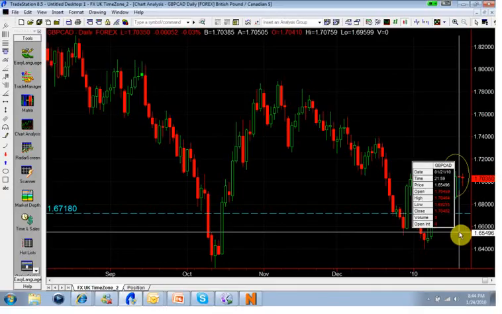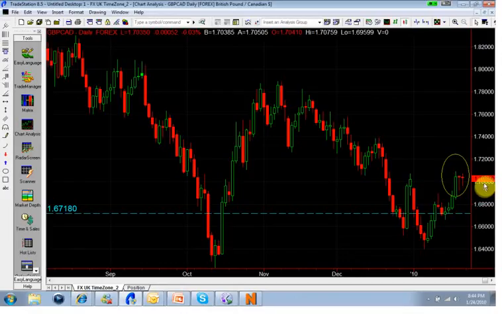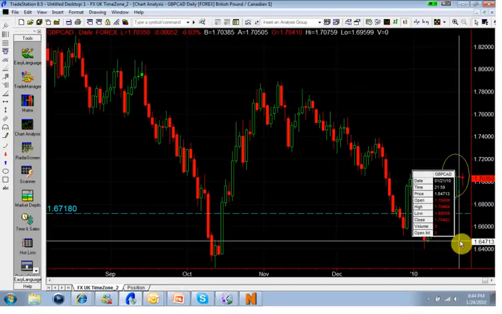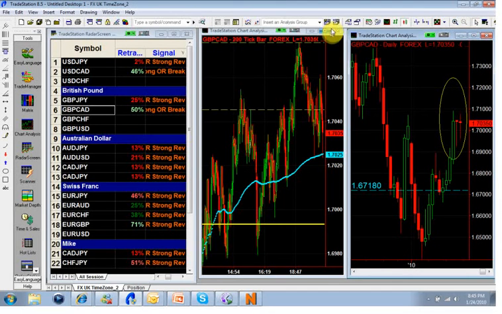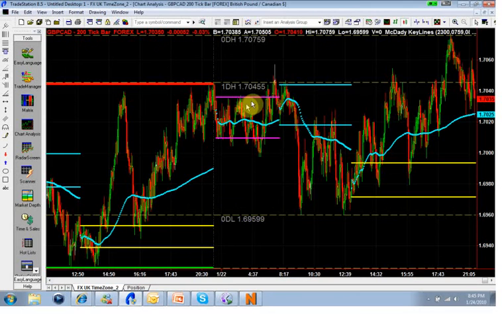We closed at 107.03. Last week's high was 107.46. Okay, so we have a low-risk entry to the upside. We can buy it above the 107.46.